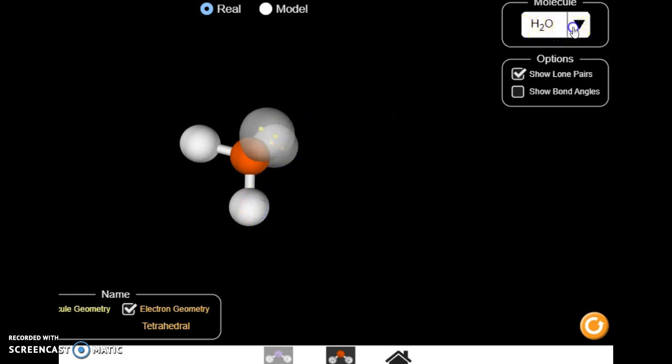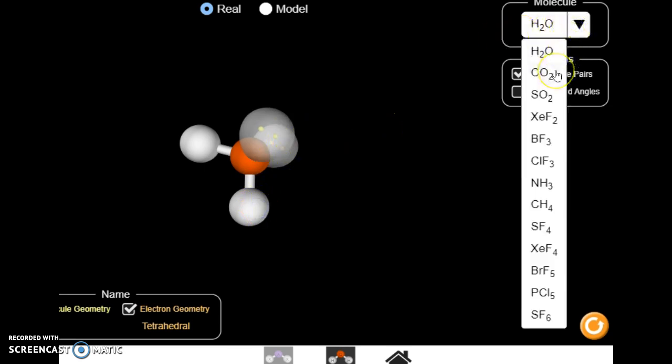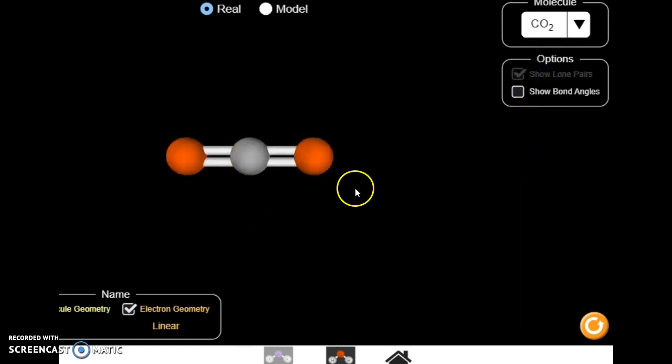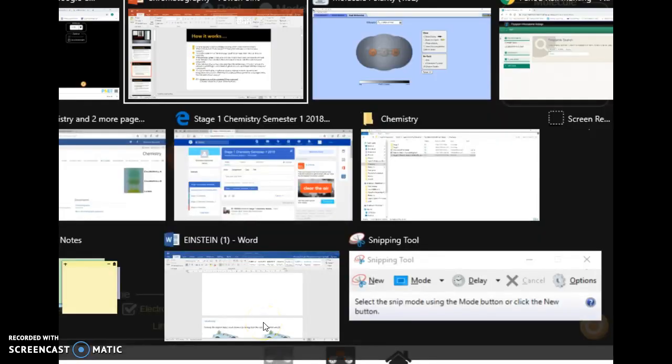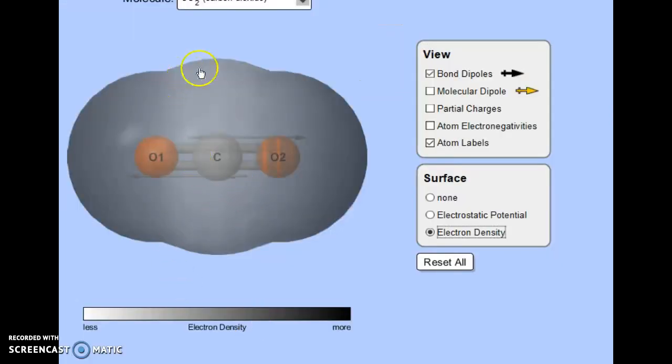We can look at some other molecules. Another example is carbon dioxide. This is a covalent bond, but it's a non-polar covalent bond. It's got a negative charge at both ends. If I go to this one here, we've got carbon dioxide.